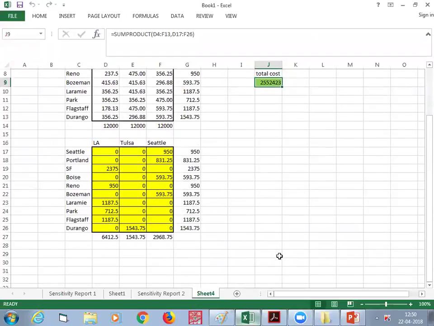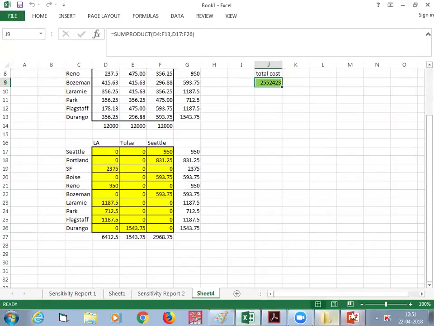From Los Angeles, San Francisco, Reno, Laramie, Flagstaff. These are the ones that are serviceable. From Tulsa, Durango, and from Seattle, Portland, Boise, and Bozeman. So individual type of things.